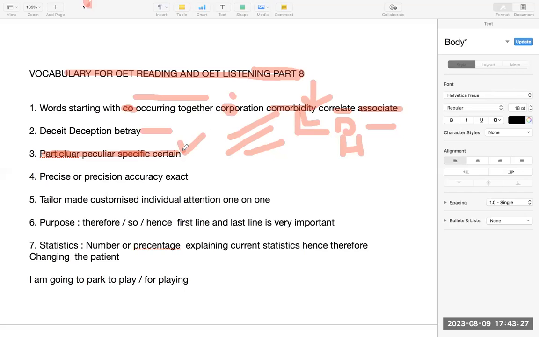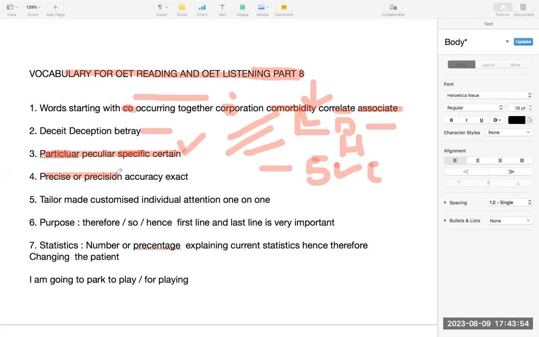Certain means specific, some particular type. So there are certain drugs means drugs of a particular type. The word certain is very important in OET reading. It helps in understanding whether the option is right or not.